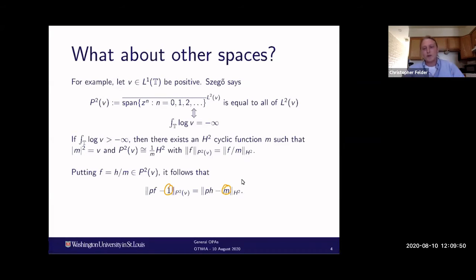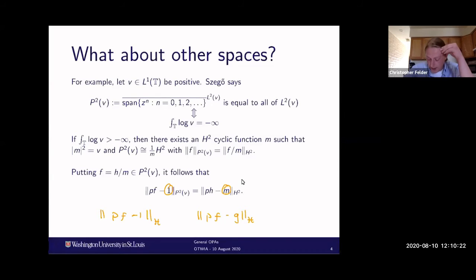But there are other reasons why you might want to replace, in general, some PF minus 1 with, say, some PF minus G, where G is some other cyclic function. And I'm going to speak kind of loosely here and just say that 1 is a very nice cyclic function.